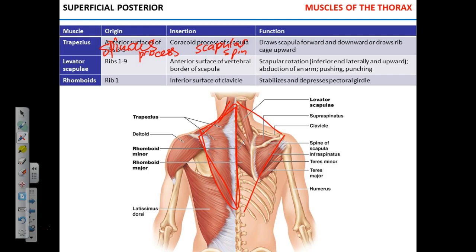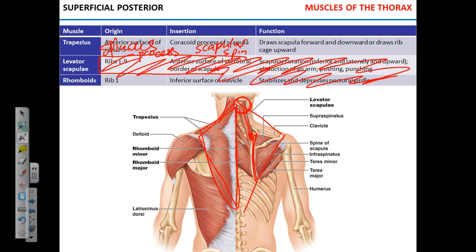Levator scapulae, right here, originates at the transverse processes of the first cervical vertebrae. It has an insertion into the medial border of the scapula. So let's write it down.